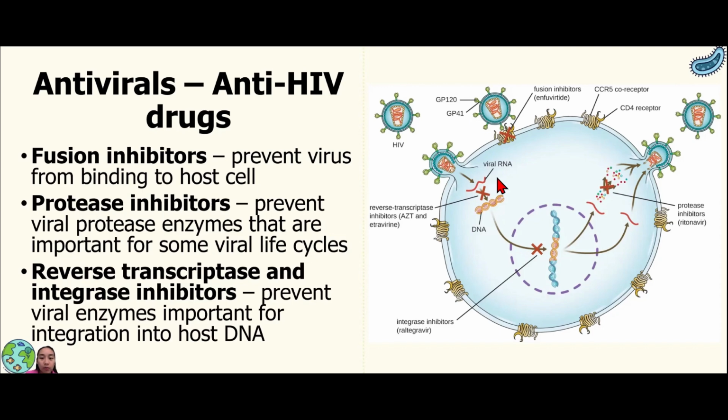So we have a few drugs that can inhibit both the reverse transcriptase enzyme that converts RNA back to DNA, and the integrase enzyme that integrates the DNA into the host DNA. As you can see, there are a lot of different drugs that can be used to stop viruses from doing their thing inside of the host cell.